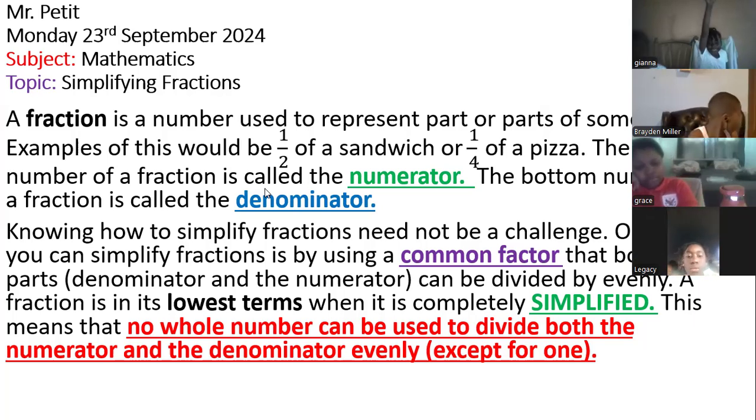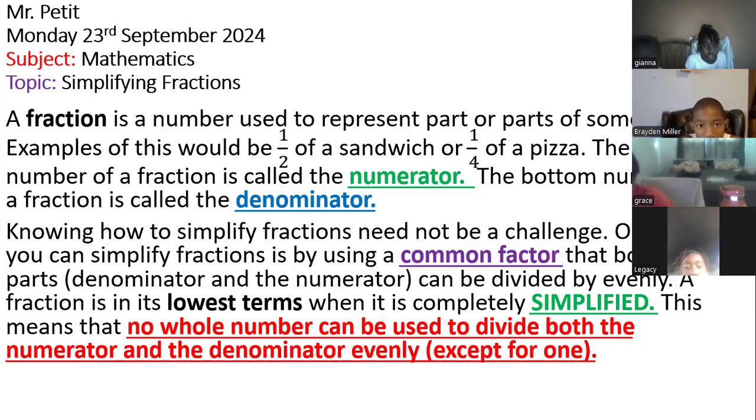Go ahead, Gianna. Read the last paragraph. Knowing how to simplify fractions need not be a challenge. One way you can simplify fractions is by using a common factor that both parts, denominator and the numerator, can be divided by evenly.